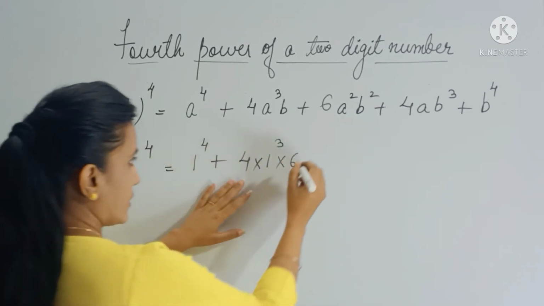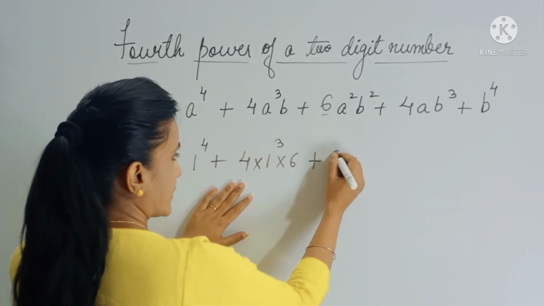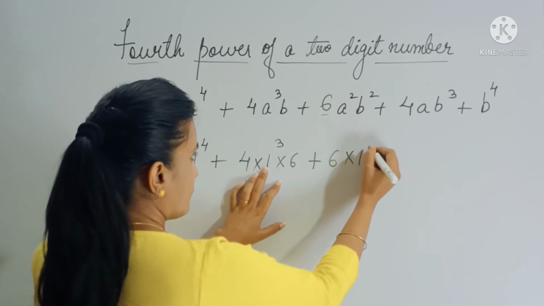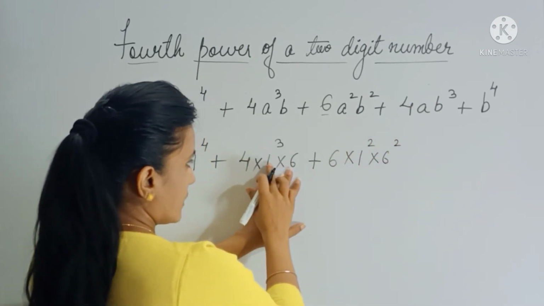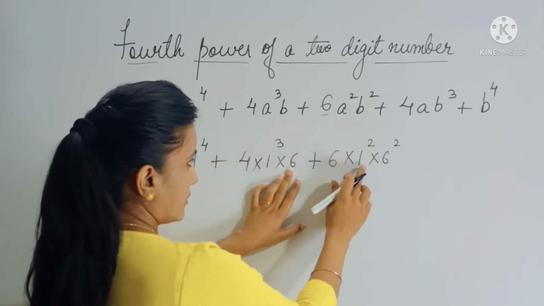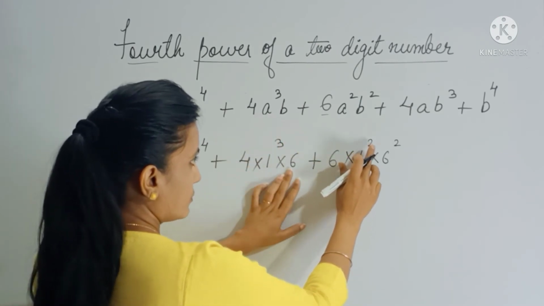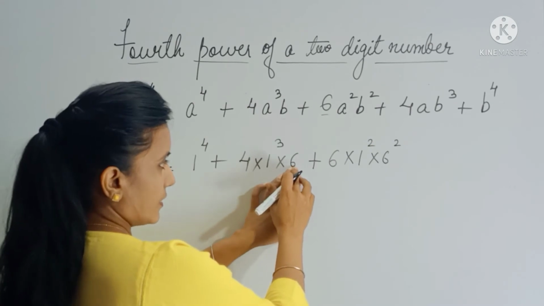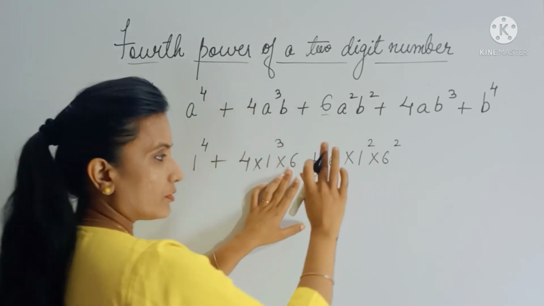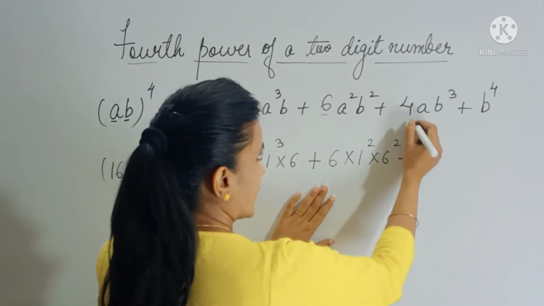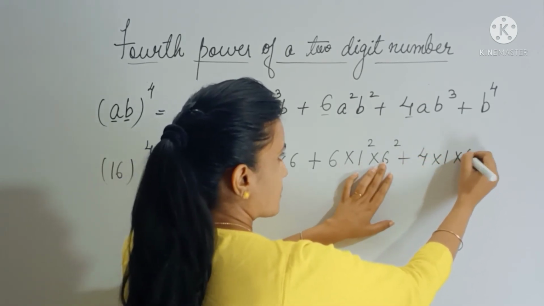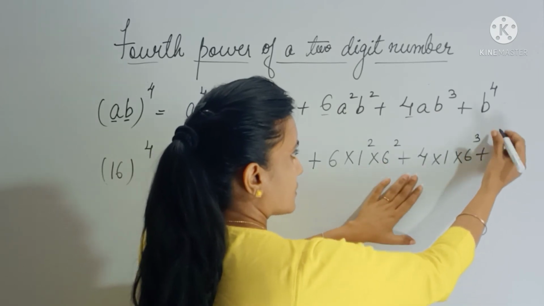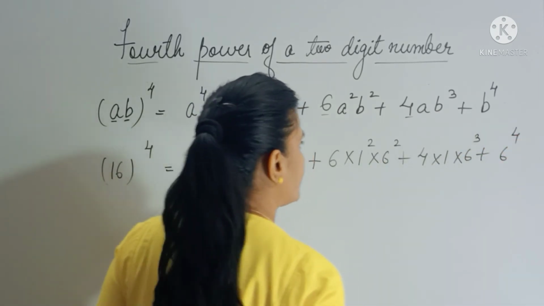Next you have 6 here, so write 6 multiply 1 power 2 multiplies 6 power 2. You can see that 1 power 3 is reducing, it became 1 power 2, and here it was 6, but here it is 6 power 2. Plus, next you have 4, so 4 multiply 1 multiplies 6 power 3, plus 6 power 4.